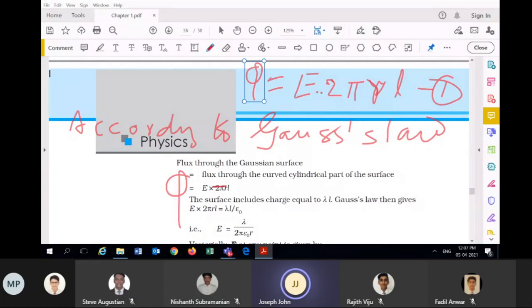Q by epsilon naught. Equation number 2, according to Gauss's law, phi is equal to Q by epsilon naught. Very simple derivation. First you write phi is equal to E into 2 pi rL, then Gauss's law, phi is equal to Q by epsilon 0, equations 1 and 2. Left side is the same, then naturally the right side will be the same. Okay, clear? Did you finish, all of you?